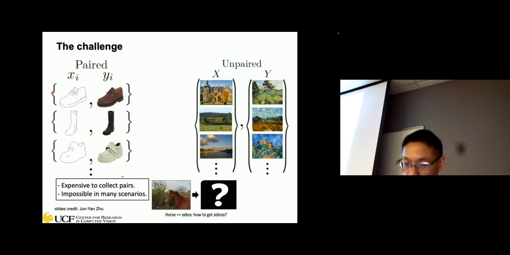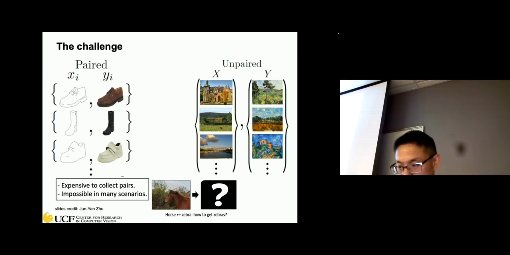For this kind of application, it may be easy to collect paired data because you can have artists draw this based on real images, or maybe just use some edge detection model to detect these edges and use that as an edge map for input. So you can generate a lot of paired samples.